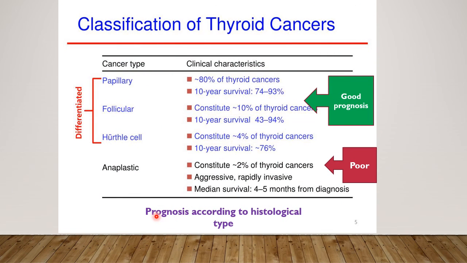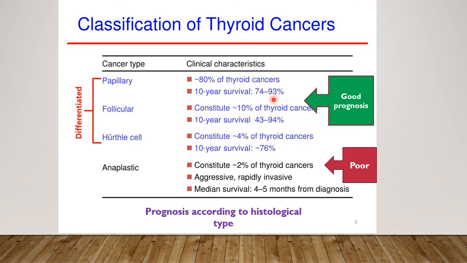So what are the things that determine the survival rate of these tumors? Okay, the prognosis follows the histological type of the lesion. The differentiated cancers have good prognosis. Okay, as I said, papillary, which accounts for more than 80% of the tumors, can have a 10-year survival as high as 93%.